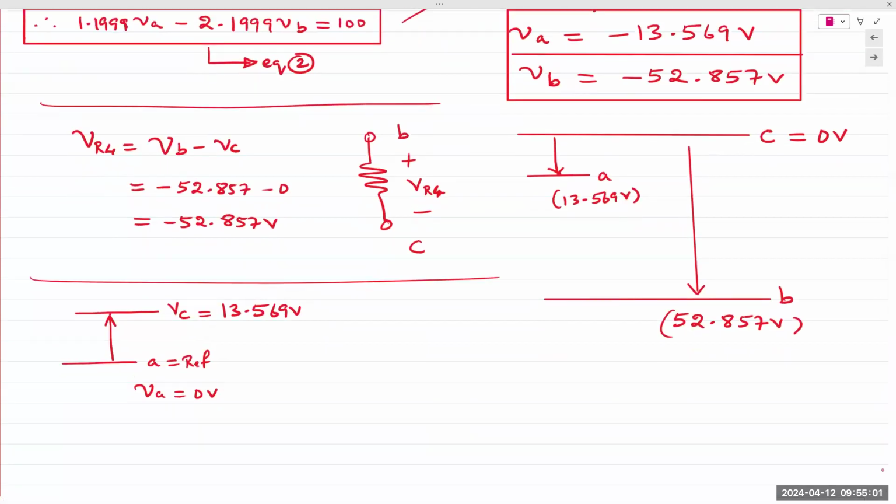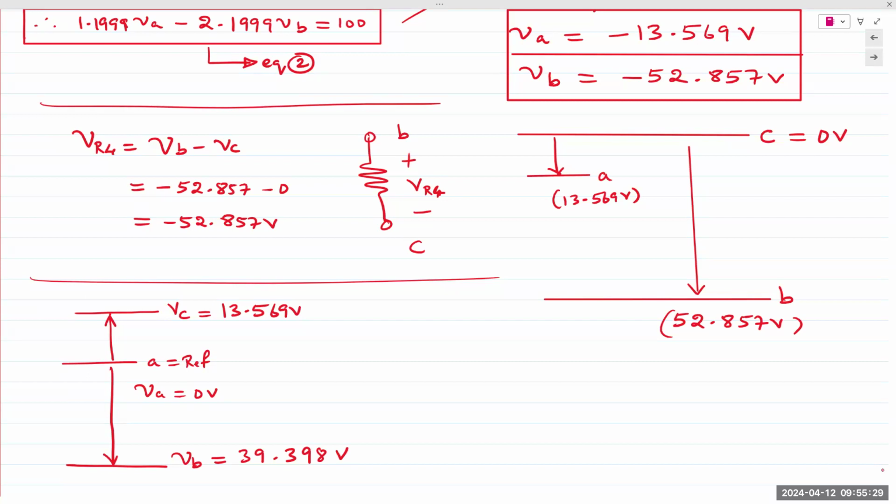And VB in this case. If a different student chose A as a reference, the value for VB would be different. It would be 39 point, what would it be? 39.3, 398. 39.398.